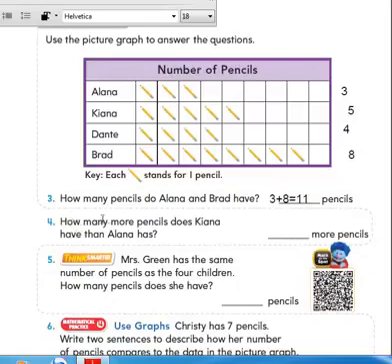Number 4, how many more pencils does Kayana have than Alana has? So I will look at the row of yes, Kayana and the row of Alana. Kayana has 5. What about Alana? Alana has 3. So Kayana has how many more pencils than Alana?